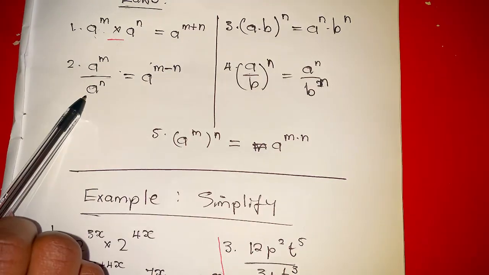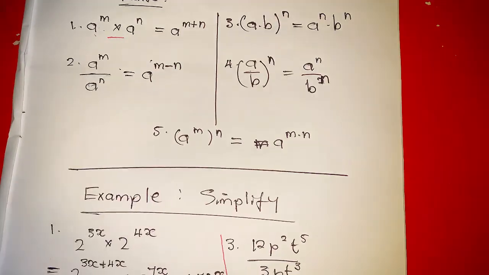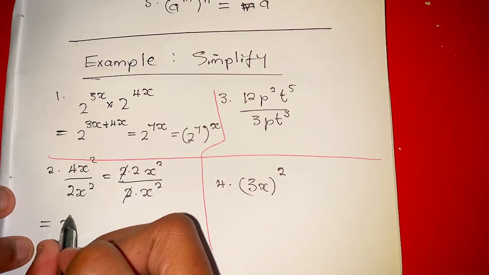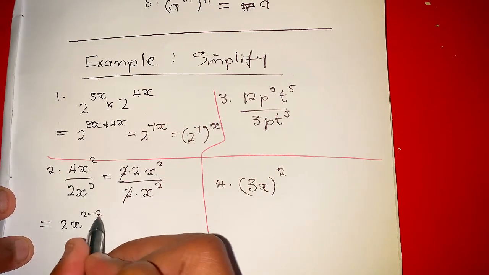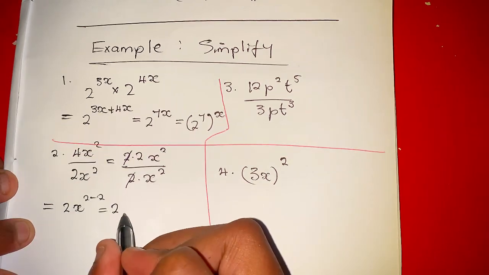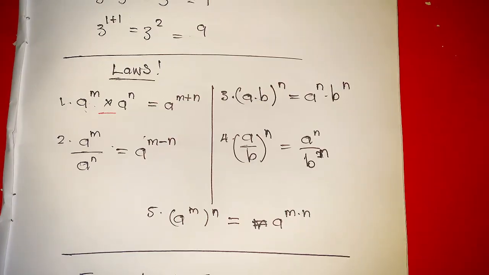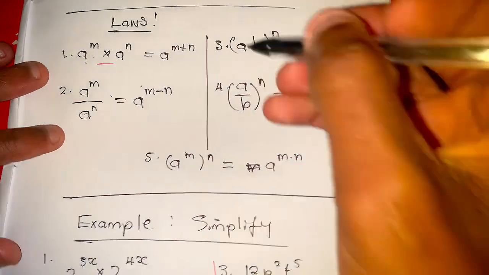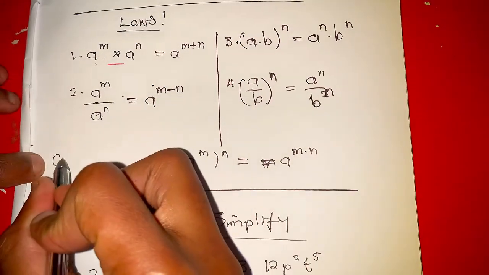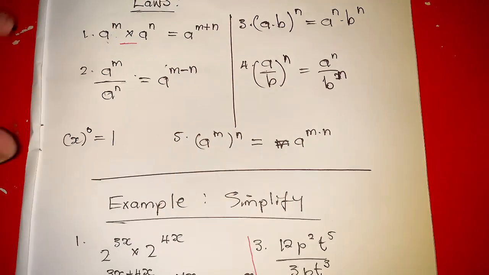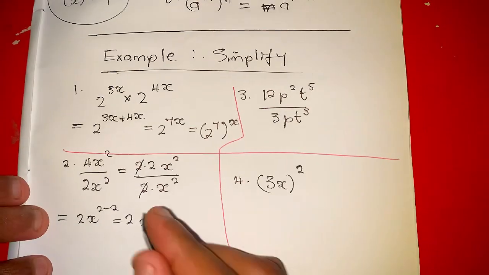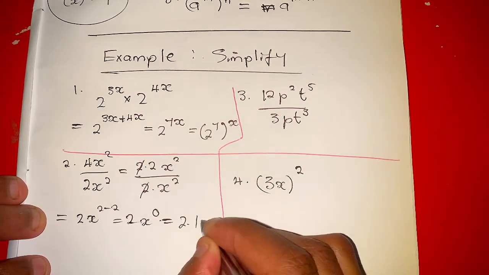Here, the bases are the same and you're dividing, subtract the exponents. So you're left with 2 x to the power of 2 minus 2. So this is the same as x to the power 0. Go back to the law. You will recall that any value raised to 0 is equal to 1. Keep this in mind. So this will be equal to 1. So it will be 2 times 1, which is 2.